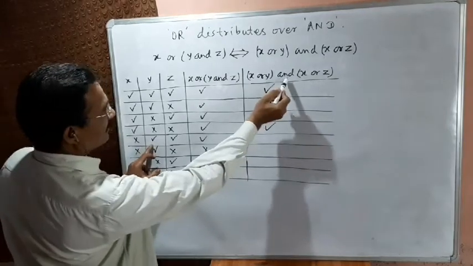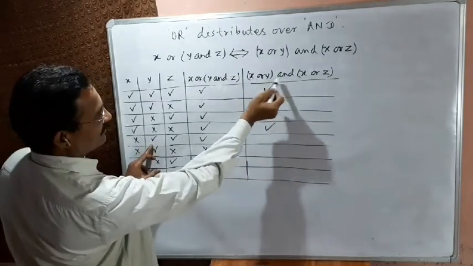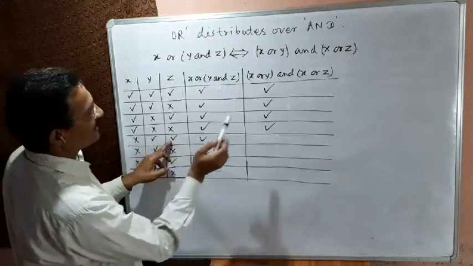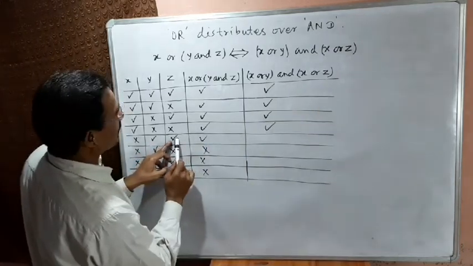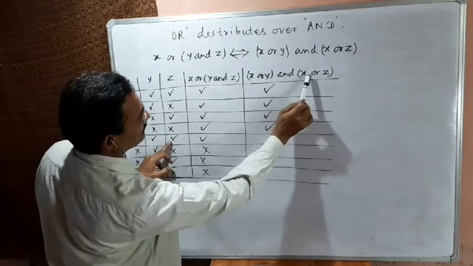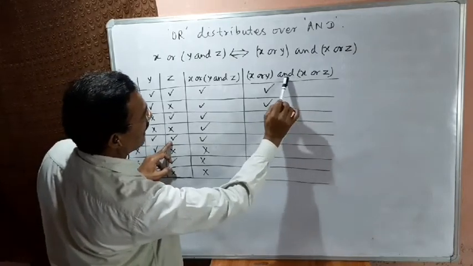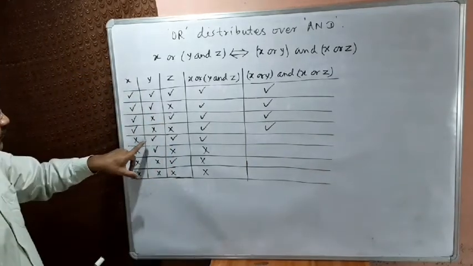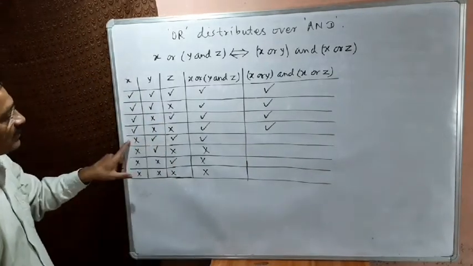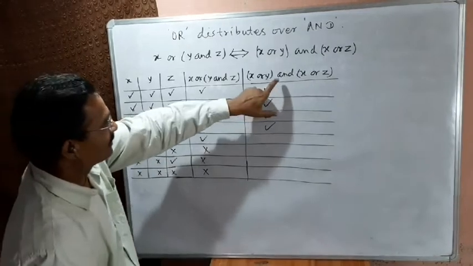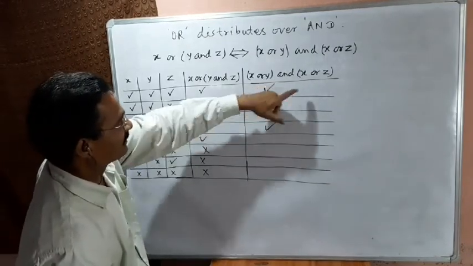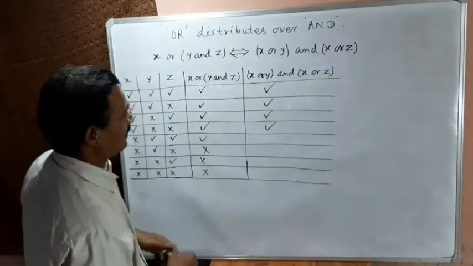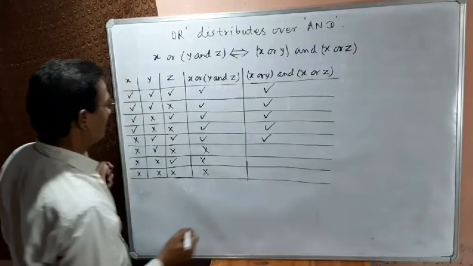Therefore, we can say this happens. The phrase before and happens, and z also happens. Z is also correct. Therefore, the phrase after and will also happen. You are understanding, no? Y happens and z happens, x does not happen. It means this happened because y is happening, this happened because z is happening. Connecting word is or in bracket. Therefore, this will also be correct.